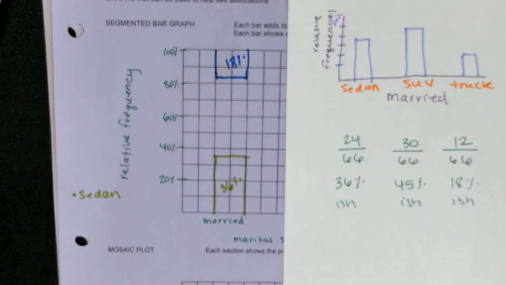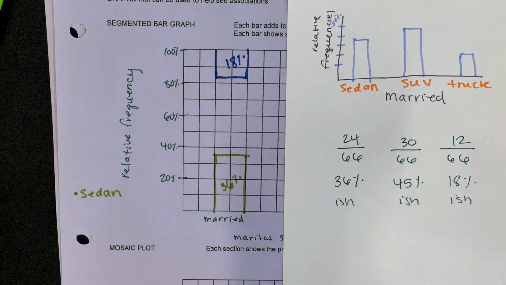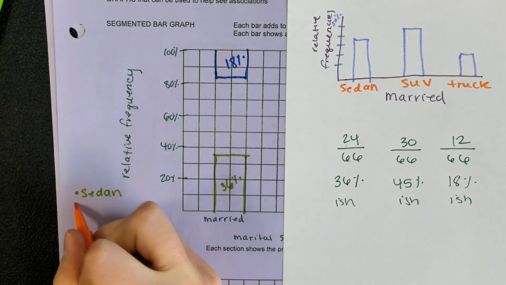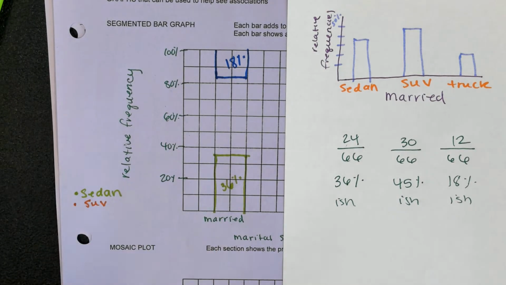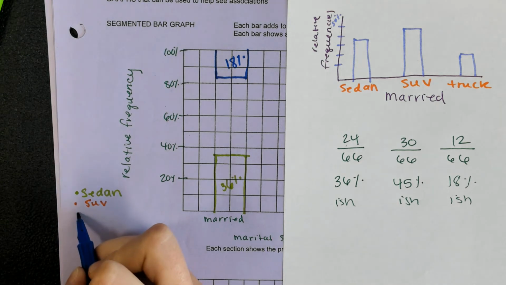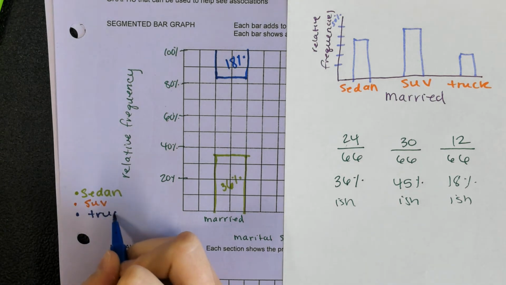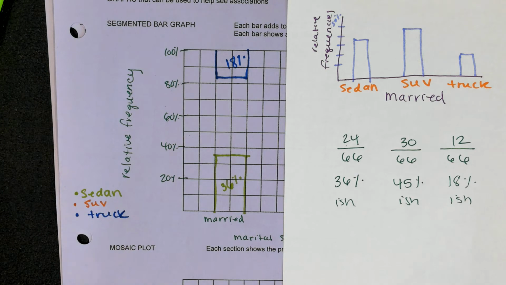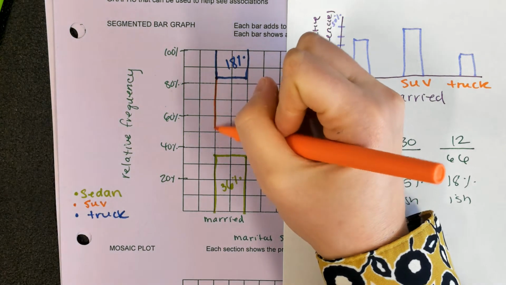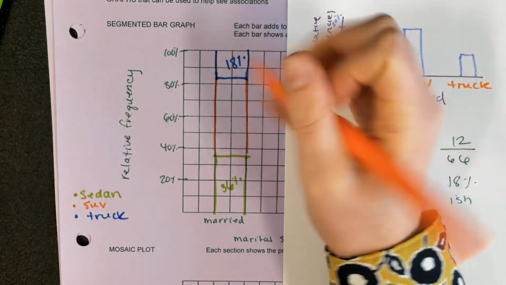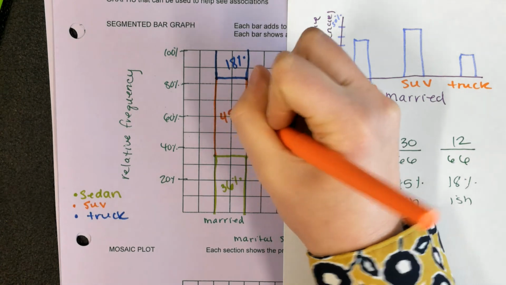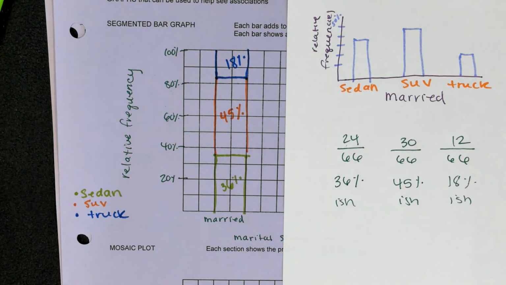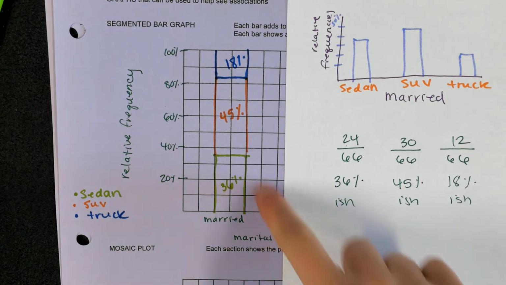The remaining 45% in between is going to be, let me show you what I'm doing, SUV. So this remaining little bar is going to be 45% SUV. So there is my married people segmented bar graph.